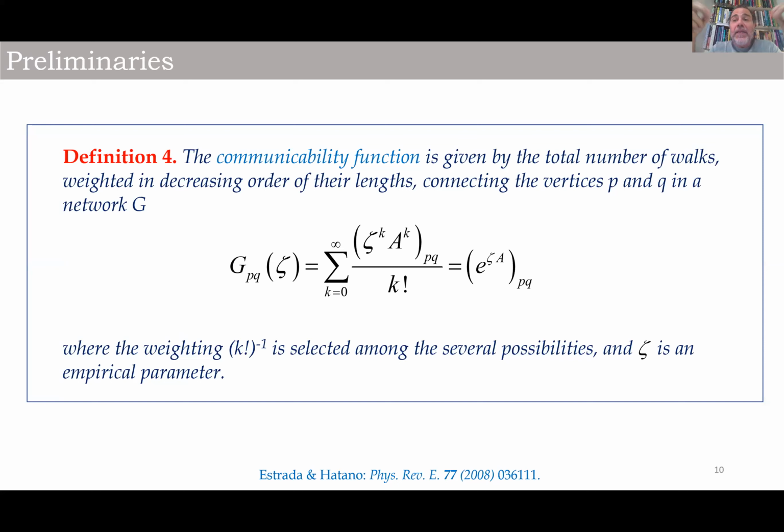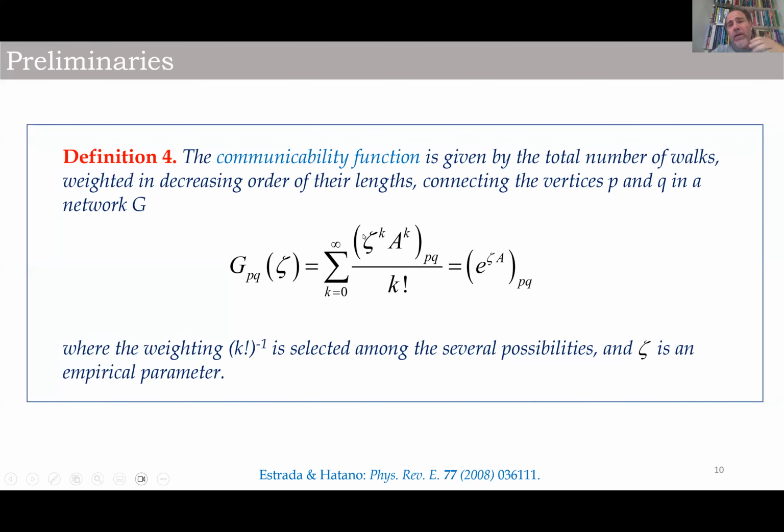So the shortest path will always receive the highest importance in this series. But it has the advantage that you can express this measure of communicability between two nodes P and Q in terms of the different powers of the adjacency matrix, and we need a penalization in terms of the length of these walks in order to give more weight to the shorter than to the longer walks.